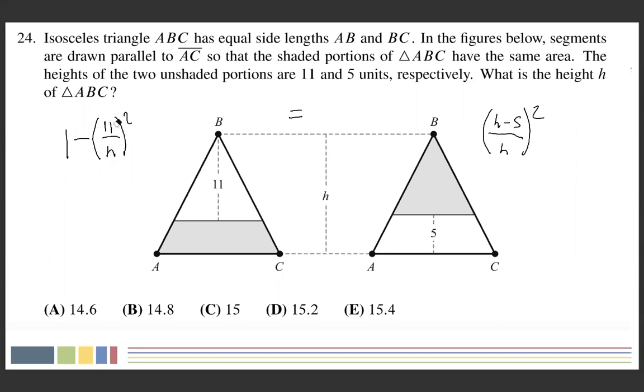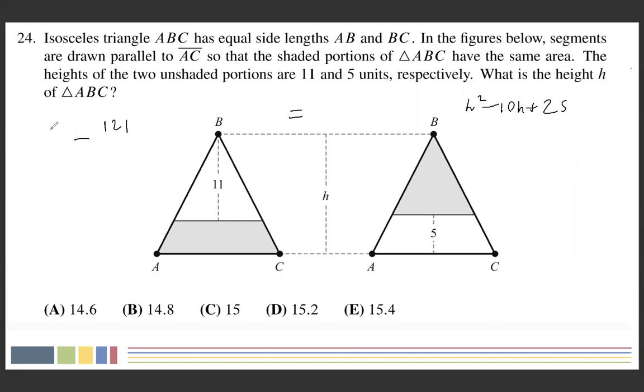So let's, first off, this ends up being, if we expand the square here, we get 121 over H squared. And if we expand the bottom part, we can actually just expand the whole thing right now. H squared minus 10H plus 25 on the top, and on the bottom we get H squared. So now we want to multiply both sides by H squared.